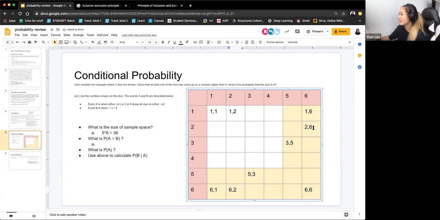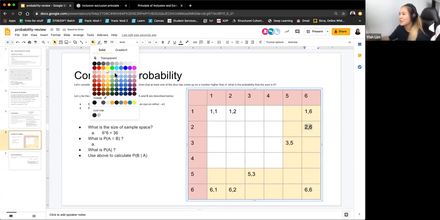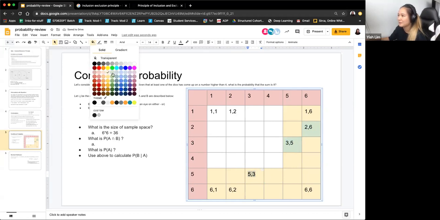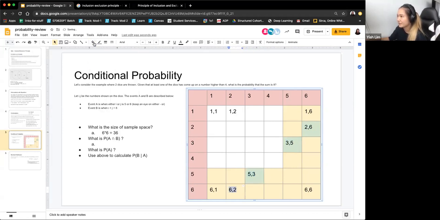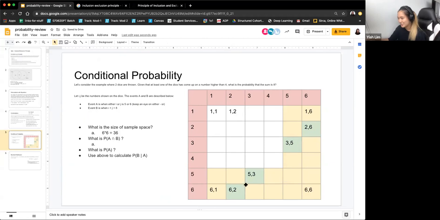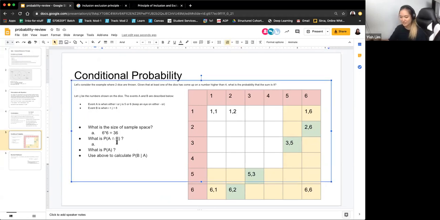The ones that satisfy both A and B, I'm going to make green. These are the cells that add up to 8. So the probability of A intersect B is the number of green cells over all the cells, so 4 out of 36.